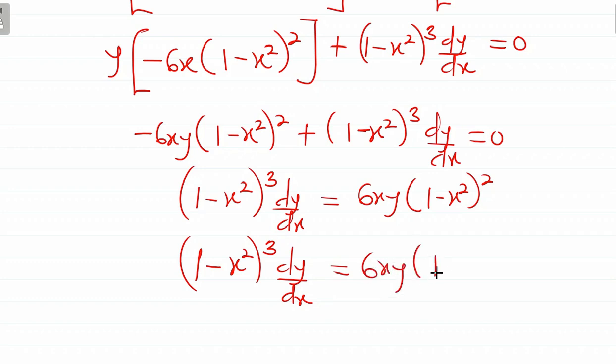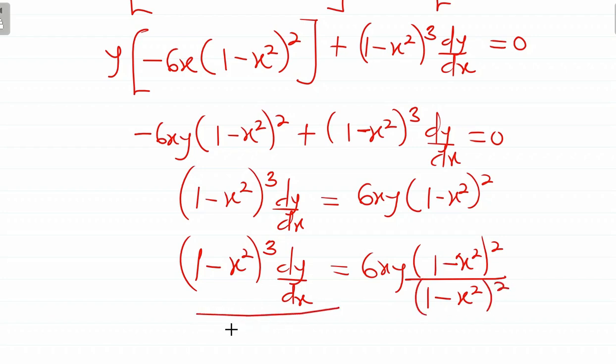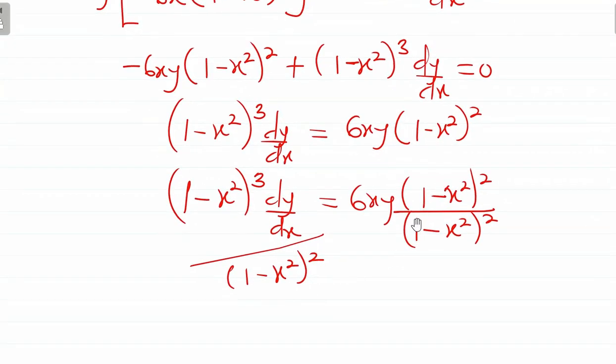The coefficient of 6xy here is (1 − x²)², and we also divide here by (1 − x²)², with the idea of eliminating the (1 − x²)². So here we can see that this will cancel that, and then we'll be left with 6xy.